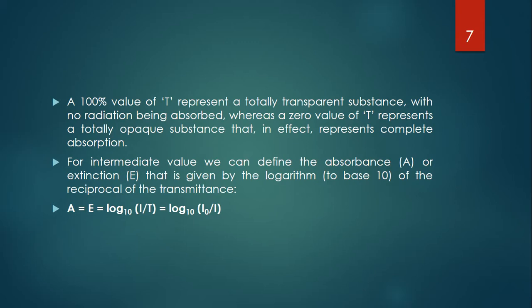So absorbance is represented by A, whereas extinction is represented by E. So we can write the formula A or E is equal to log to the base 10 into 1 upon T. Or reciprocal of T can be replaced by I0 upon I. So A is equal to log to the base 10 of I0 upon I, where I0 is the intensity of incident light and I is the intensity of transmitted light. So this is how we can find the absorbance of the solution.